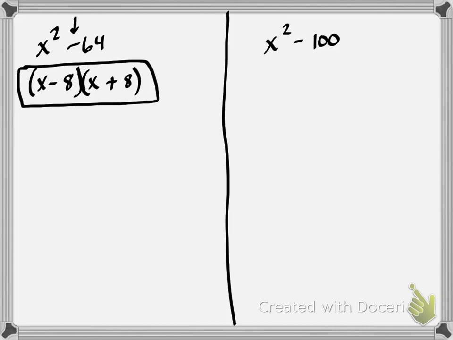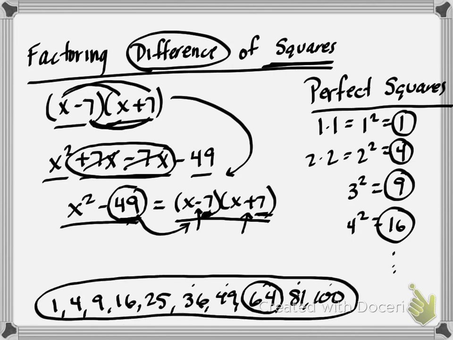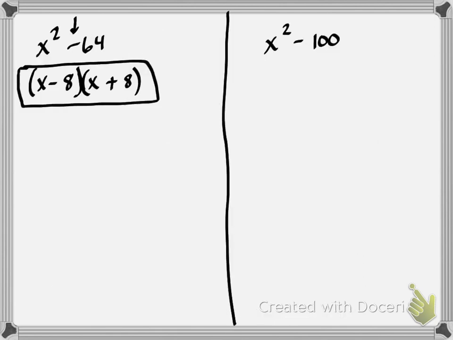Now, the way you know that it's difference of squares is this second number. That second number right there is a perfect square. So you have to commit some things to memory, or at least be able to pick out that these 10 numbers are perfect squares. Again, if we go back to our example, we're going to put an x here and an x here.